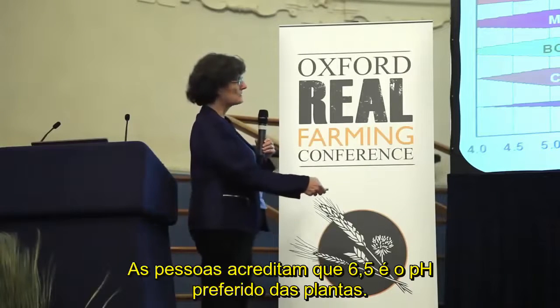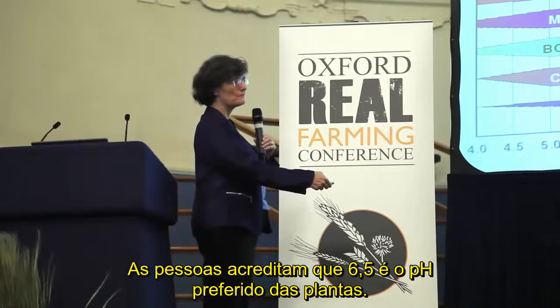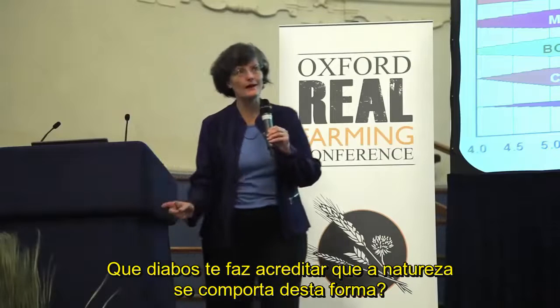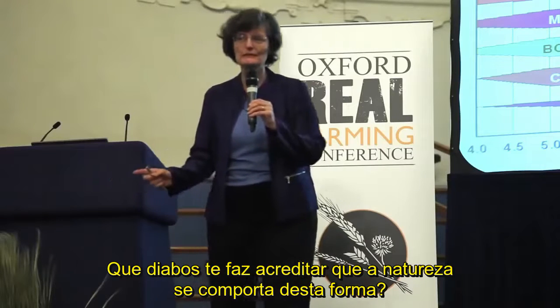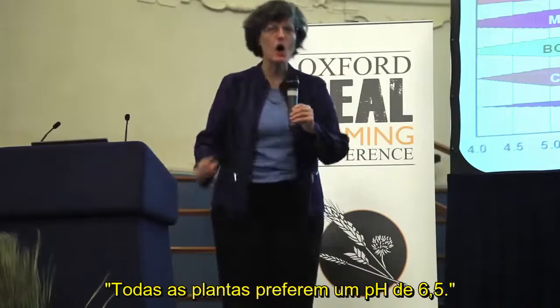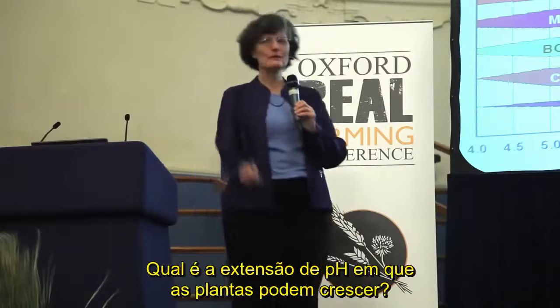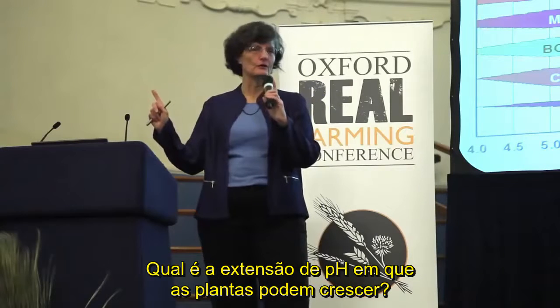The only thing that's actually most available at a pH is 6.5, the preferred pH for all plants to grow. What on this planet would lead you to believe that nature behaves that way? All plants grow best at a pH of 6.5. What? What's the pH range that all plants can grow over?